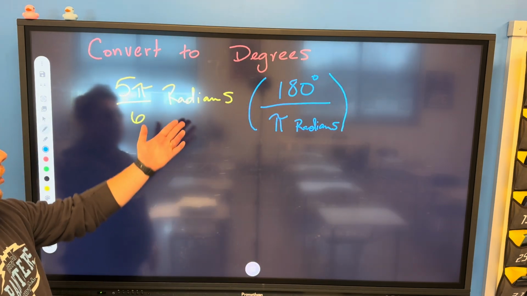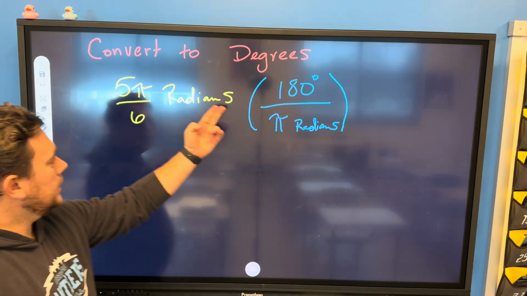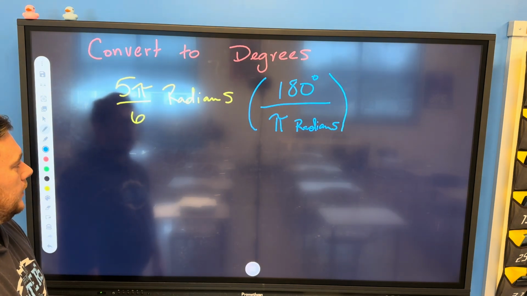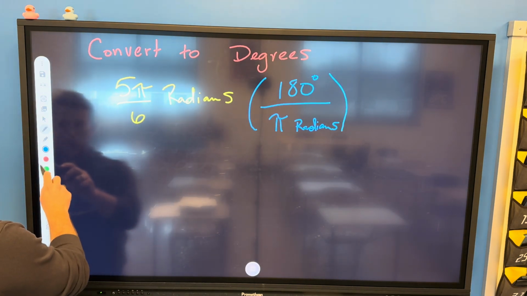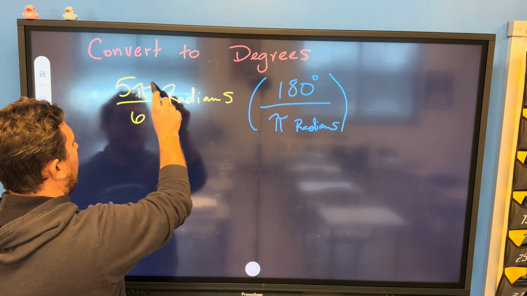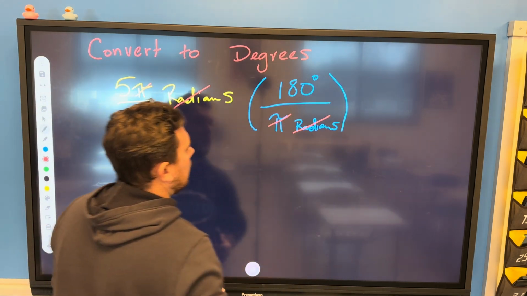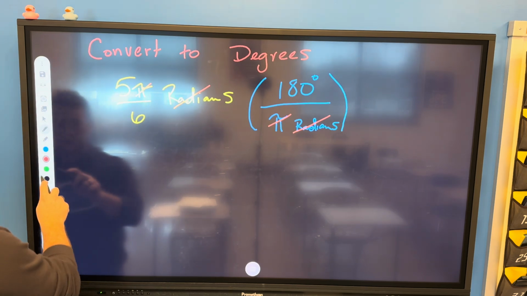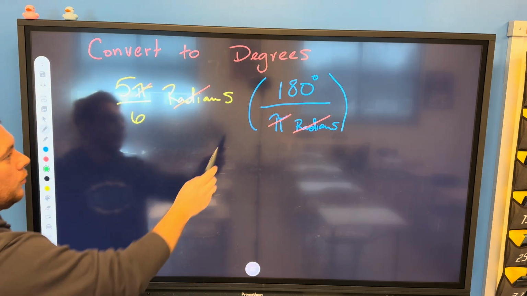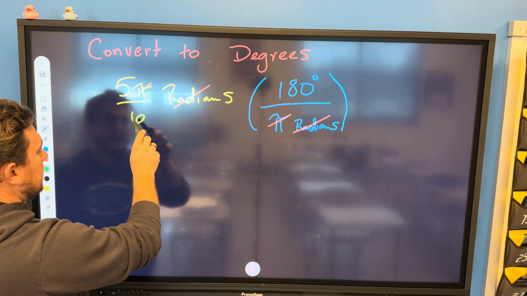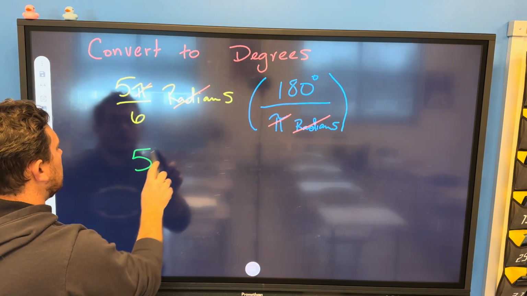Okay, again, the thing that we want to cancel out, the radian, is in the denominator. That allows it to cancel, okay? Another thing that's going to cancel is the pi. I'm going to simplify here. 180 divided by 6 is 30.